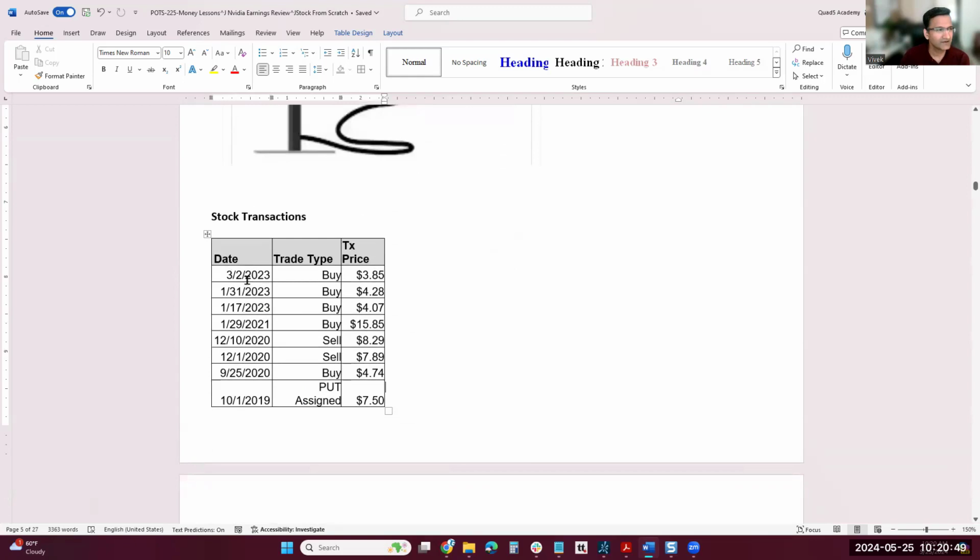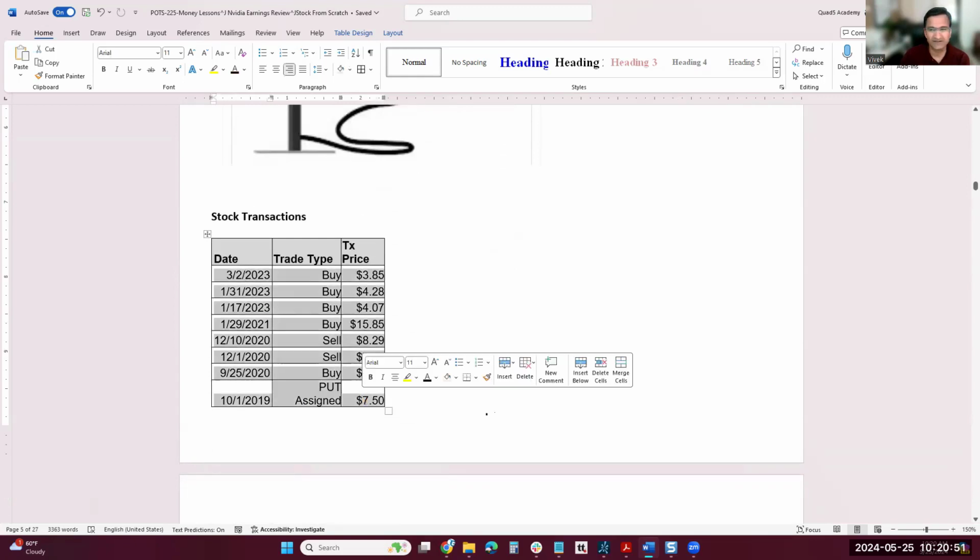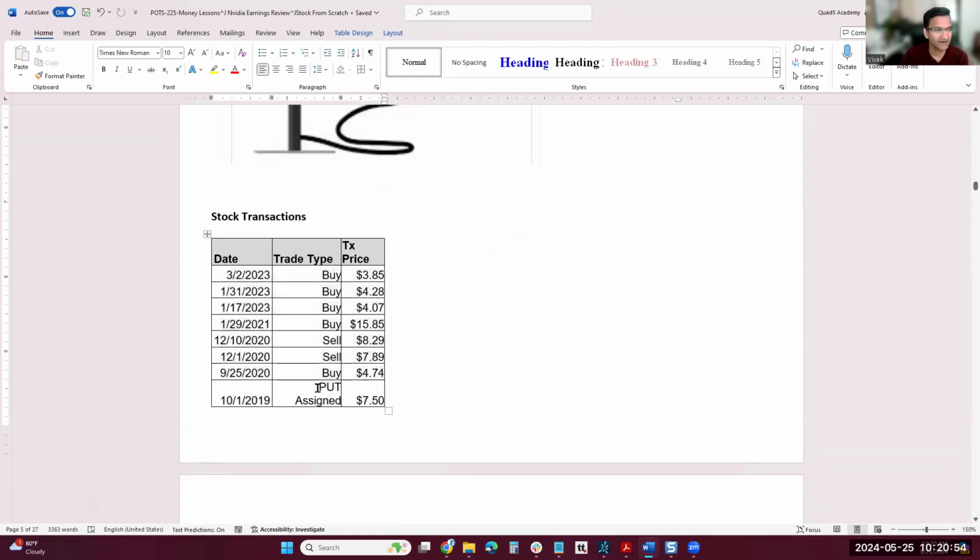These are all my buy and sell transactions of the stock on BlackBerry. The first purchase was when I got assigned a put at 7.50, bought more at 4.74, sold at 7.89, sold at 8.29. And in the last 3.5 years, I haven't sold anything. The only thing is I bought at the peak of meme mania.